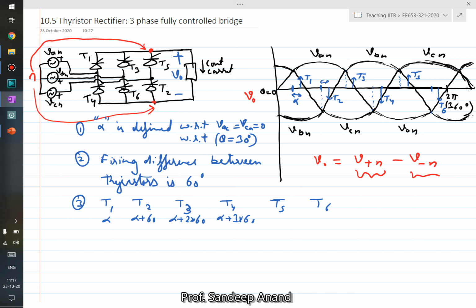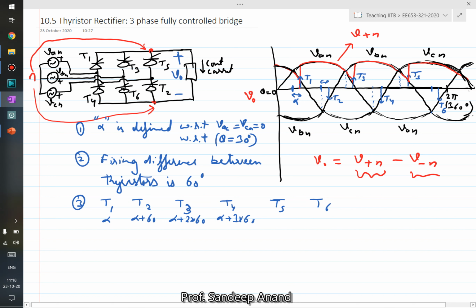And therefore, if I start drawing from the T1 instant, I can say that this is going to be my V plus N, the top envelope corresponding to the trigger points. And what about V minus N?